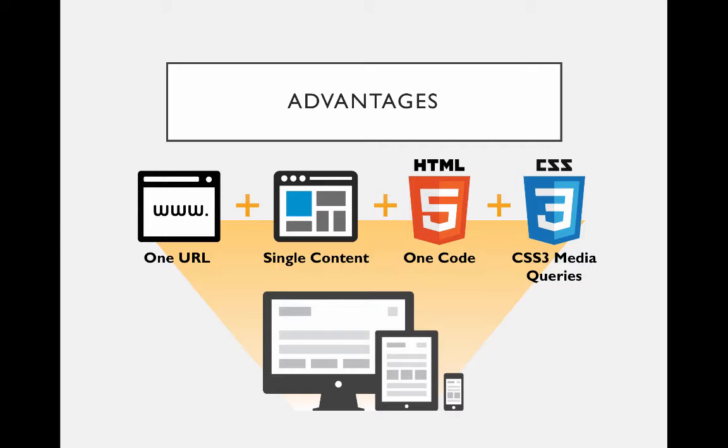There is only one code, which is HTML5, and the introduction of CSS3 and media queries has made it so that they can be truly flexible and make changes and adjustments that respond to the different screen resolution.